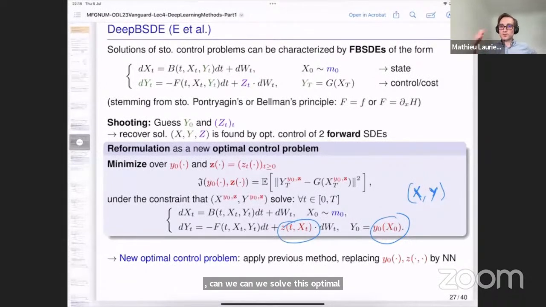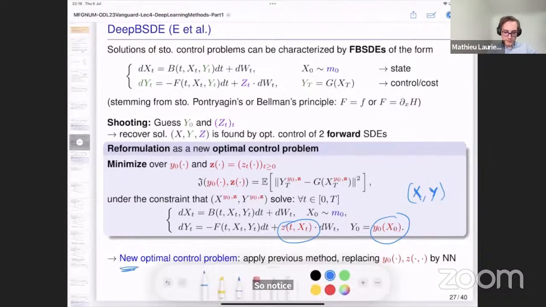So it has been used previously from a theoretical point of view, but numerically, what we can do once we realize this is an optimal control problem, we can use the method we described before in the previous section, where we replace Z and Y_0 by neural networks. So notice that this optimal control problem is new in the sense it is not the same as the original problem.